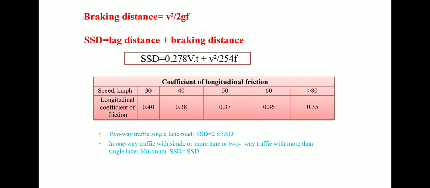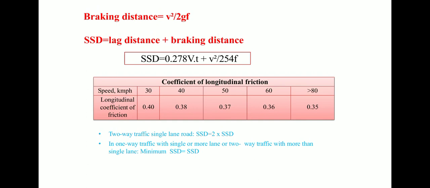Very important formula. As we already said, stopping sight distance is equal to lag distance plus braking distance. Therefore, the formula comes to stopping sight distance equal to 0.278 V into T plus V square upon 254 into f.